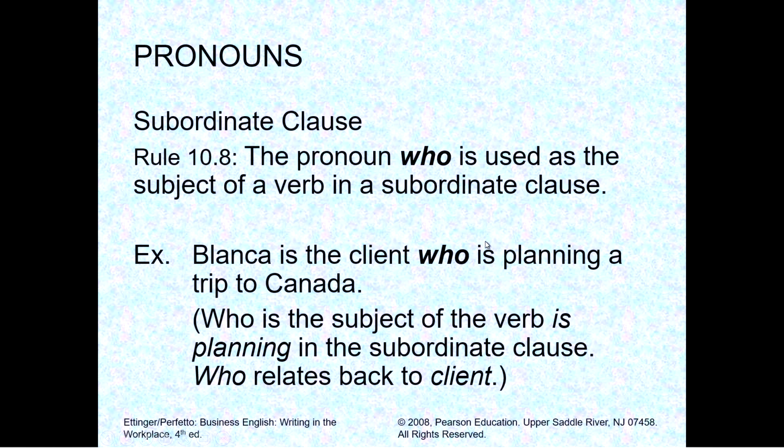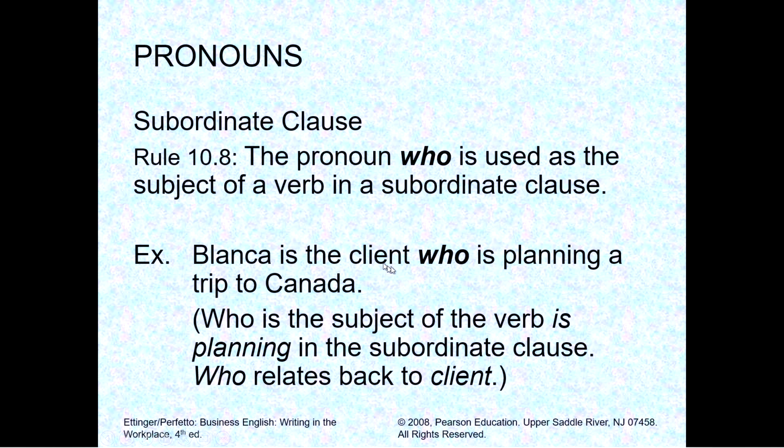10.8, subordinate clause. The pronoun who is used as the subject of a verb in a subordinate clause. Blanca is the client who is planning a trip to Canada. Who is the subject of the verb is planning in the subordinate clause. Who relates back to the client. Blanca is the client; that is an independent clause.